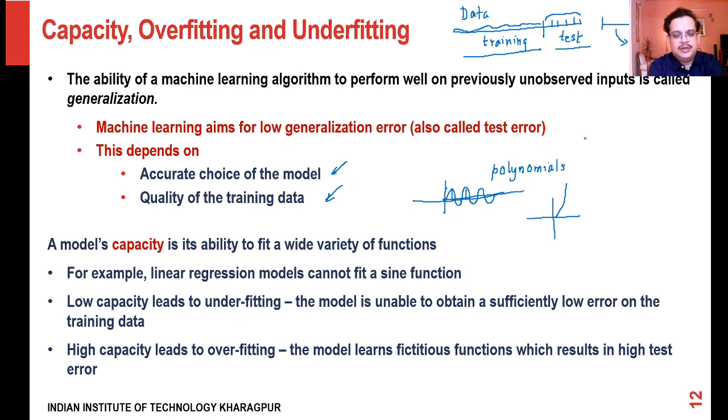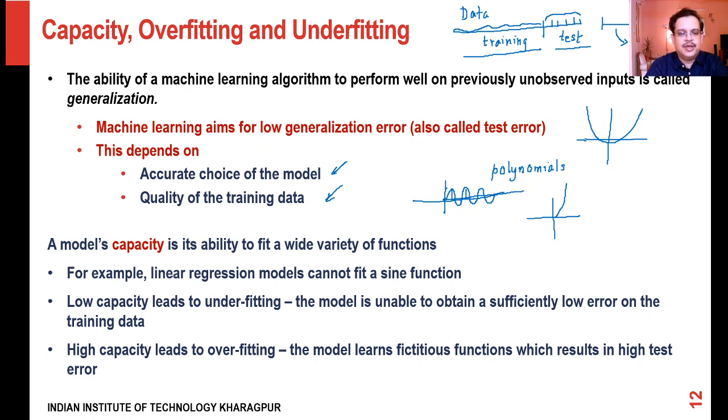The other problem is that if the capacity of the model is very low, then you get underfitting. For example, if you take a sinusoidal wave and try to fit it with a linear function, or if you take a quadratic function and try to fit it with a linear function, then obviously that is not going to perform very well, because you will have a lot of errors.